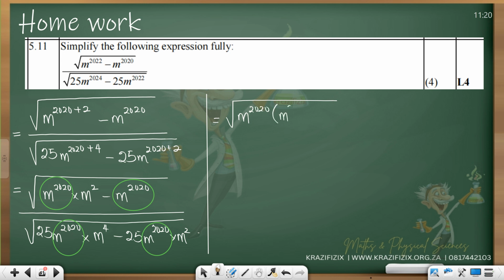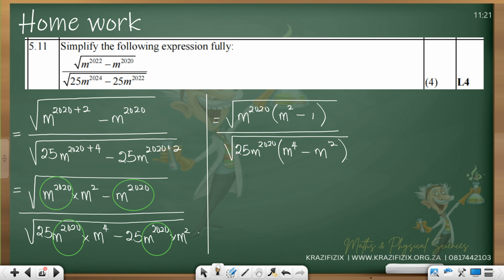I have m squared minus 1 actually here, because I've taken out m to the power 2020, over, what is common here? I've got a 25, I've got m^2020, and I have m to the power 4 minus m to the power 2.